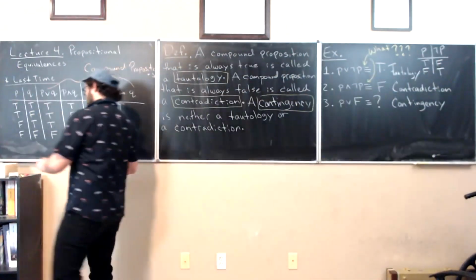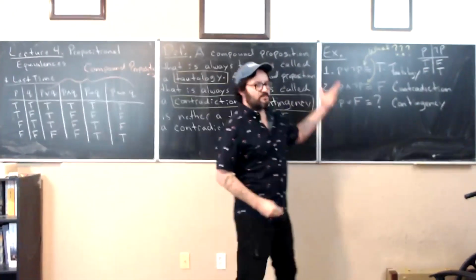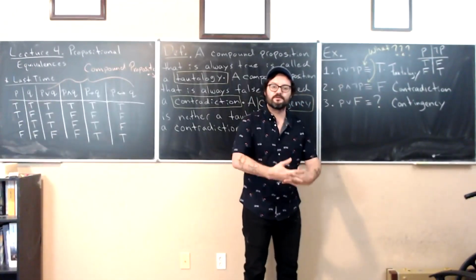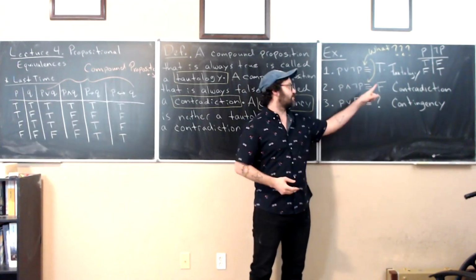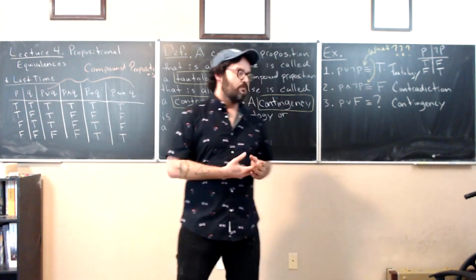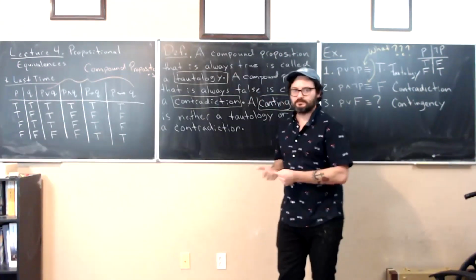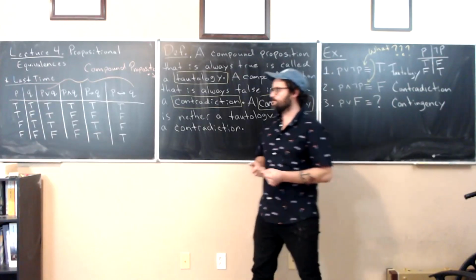So hopefully these examples illustrate that sometimes compound propositions are more or less forced to be true or forced to be false. And we're going to make use of this notion when dealing with proof writing next week. Okay?